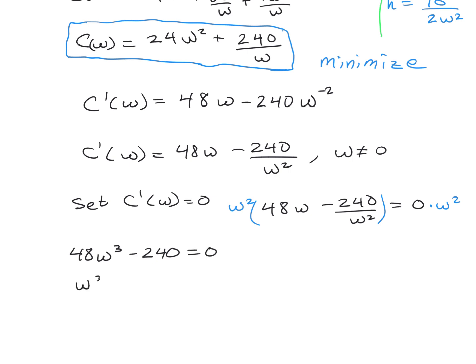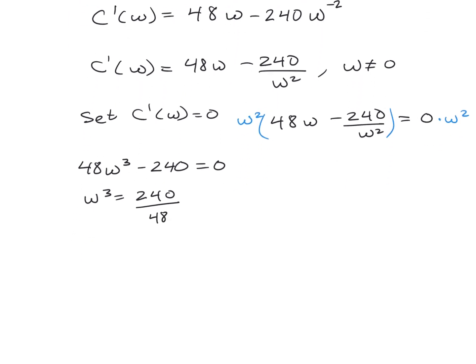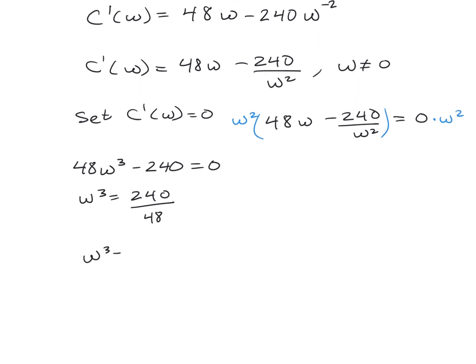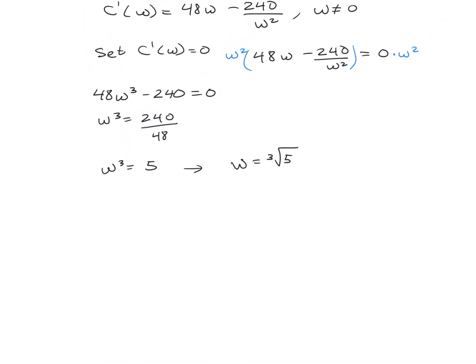So W cubed is equal to 240 divided by 48. So W cubed is equal to 5, which means W is the cube root of 5. So that is going to be the width of our rectangular box.